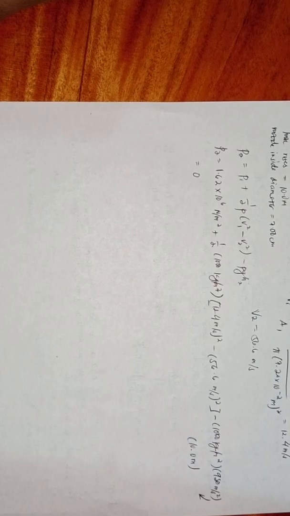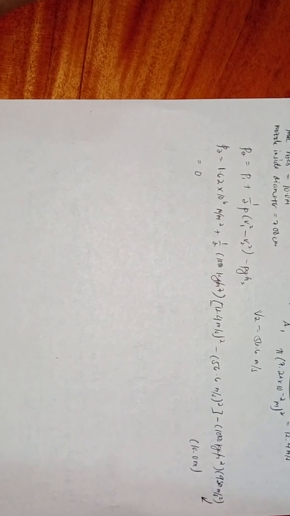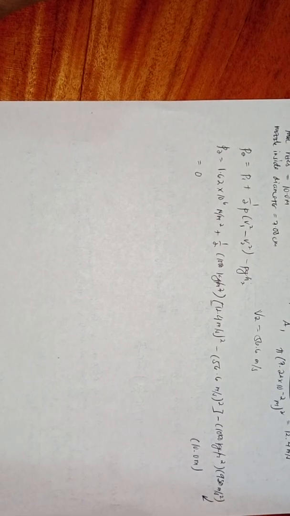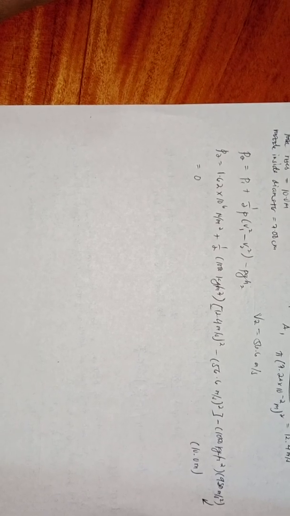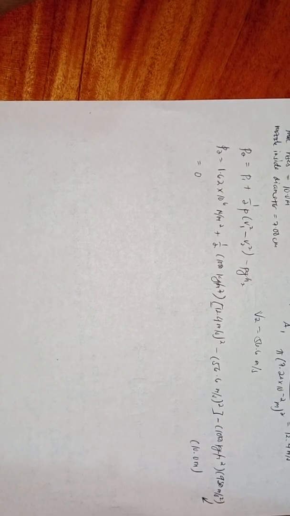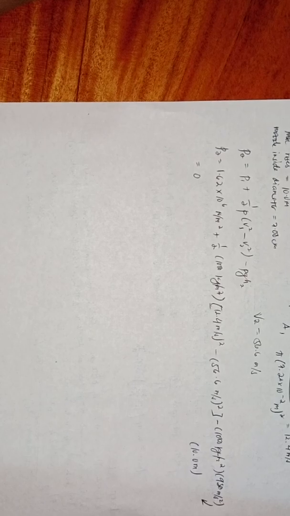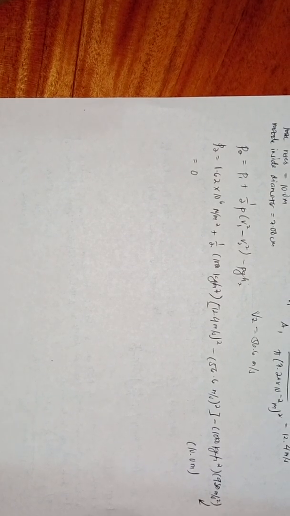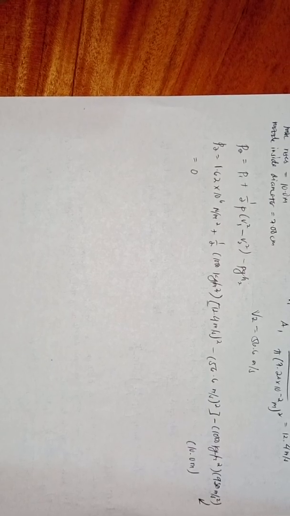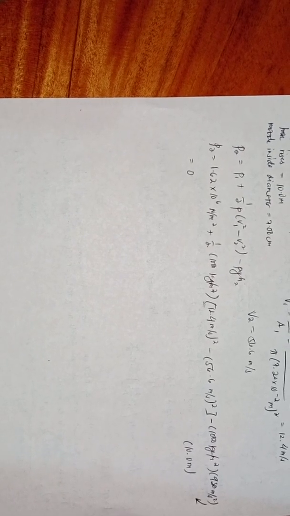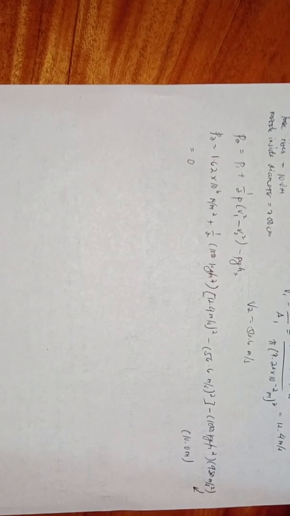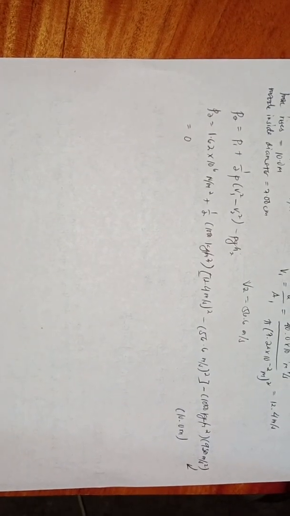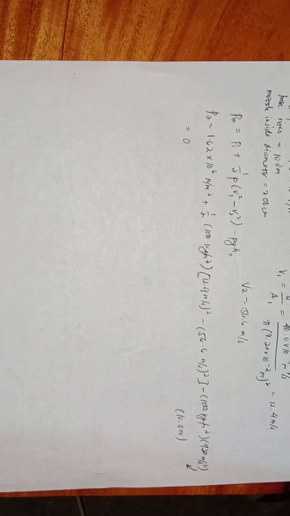So, substituting: 1.62 times 10 to the 6th power N per meter squared plus 1 half times 1,000 kilogram per meter cubed, bracket, 12.4 meters per second parenthesis squared minus 56.6 meters per second parenthesis squared, close bracket, minus 1,000 kilogram per meter cubed times 9.80 meters per second squared times 10.0 meters. So the answer is 0.